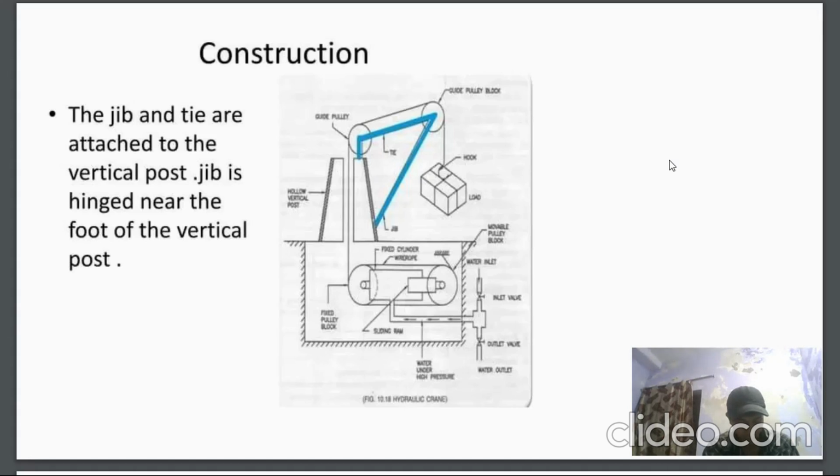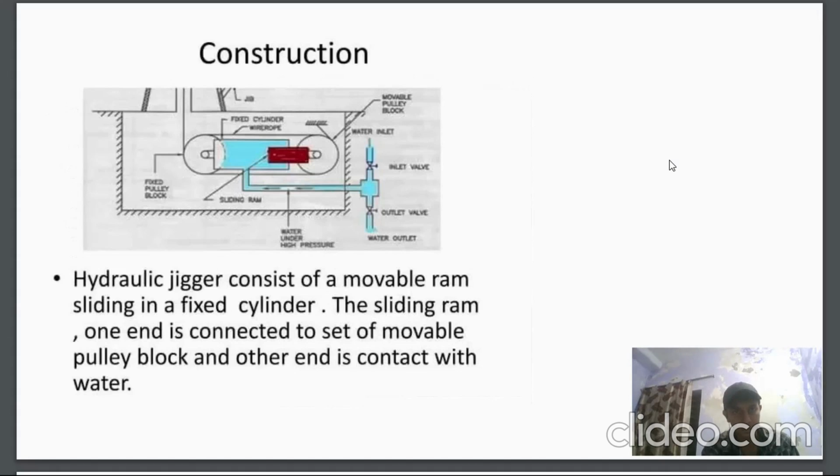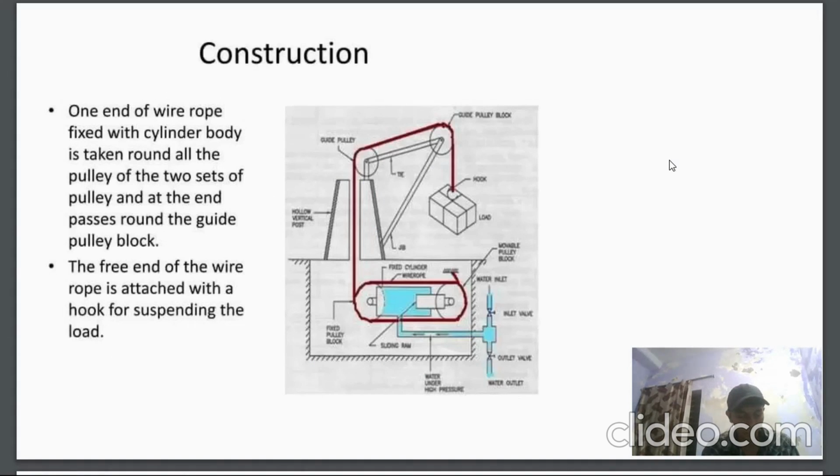One end of the ram is in contact with water and the other end is connected to a set of movable pulley blocks, and another block called the fixed pulley block is attached to the fixed cylinder. So the pulley block attached to the ram moves up and down, while the pulley block attached to the fixed cylinder does not move.